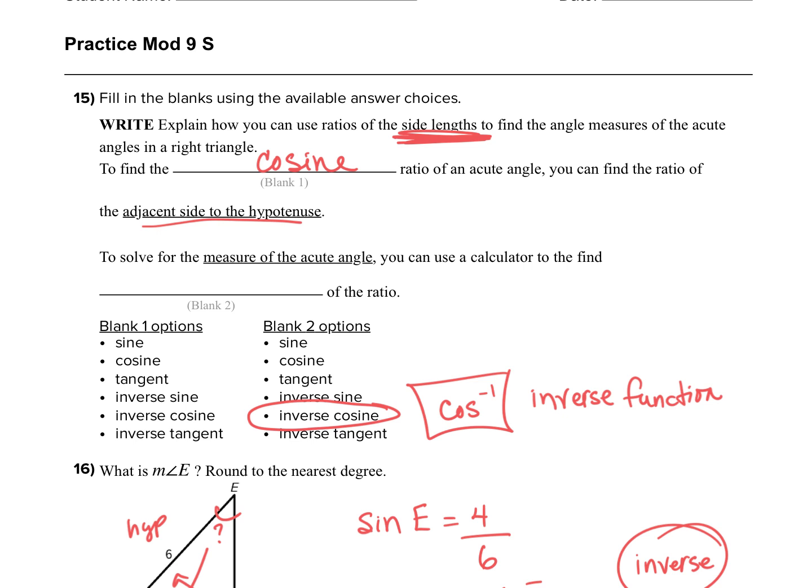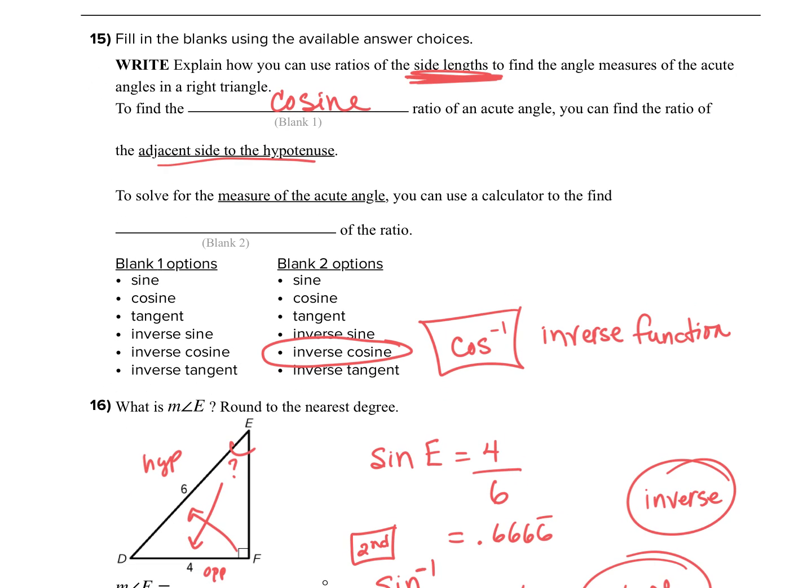When we're looking for the angle measure, we don't want the calculator to give us the ratio. We're giving it the ratio already, like we did here. We gave it the ratio 4/6. So we need to let the calculator know we want the actual angle degree, that we're not punching in the angle degree. We're actually punching in the ratio. So that's why we do the reverse.